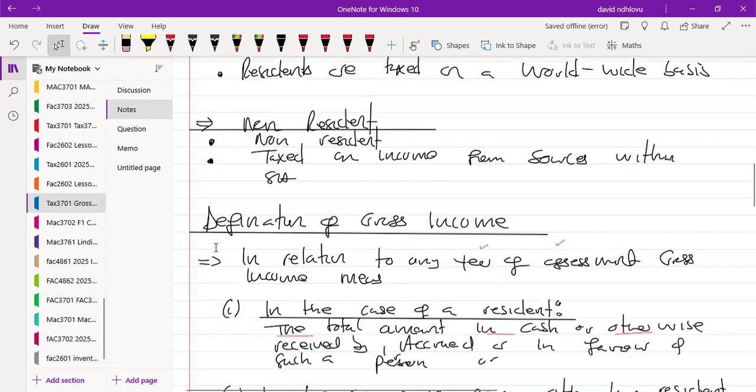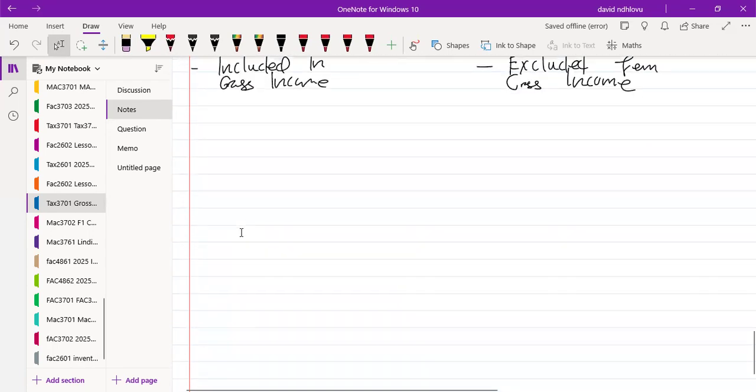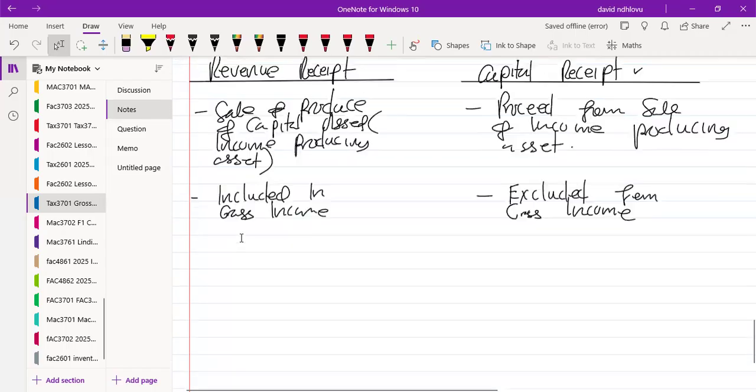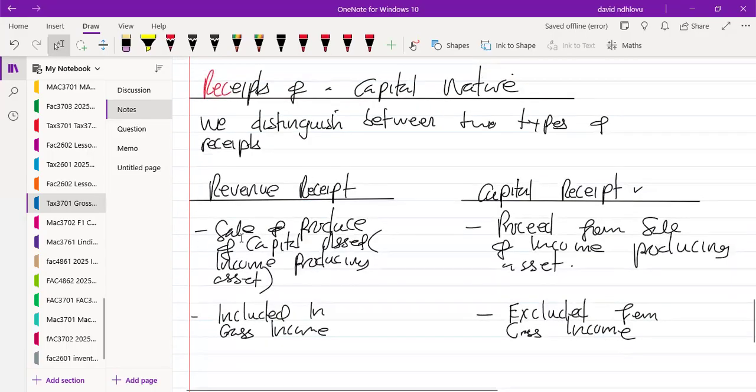So we must remember that any amount of capital receipts which is on the sale of an income producing asset, simply put, on the sale of non-current assets in accounting, you don't include it in gross income. Now, this thing is accounting.